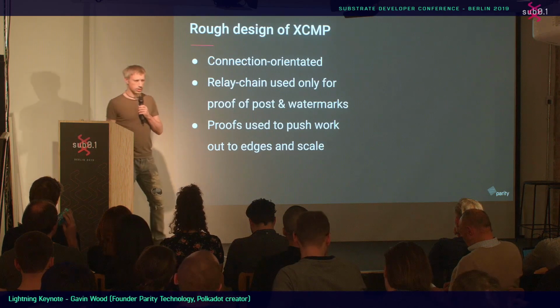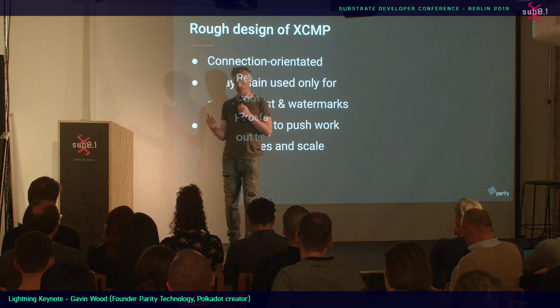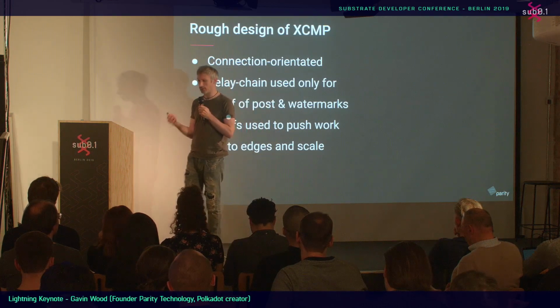Crucially, the relay chain is not used. It's not a point of throughput for these messages. It's not even a point of throughput for hashes of the messages. It's not even a point of throughput for chains of heads of chains of hashes of messages. It's substantially indirectly linked to any of this messaging.